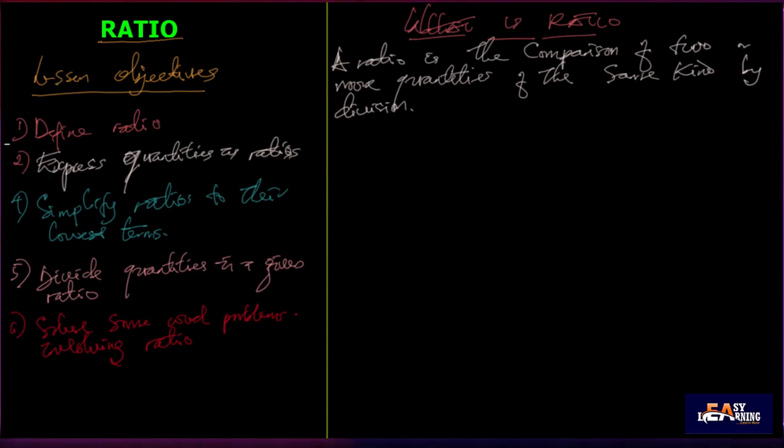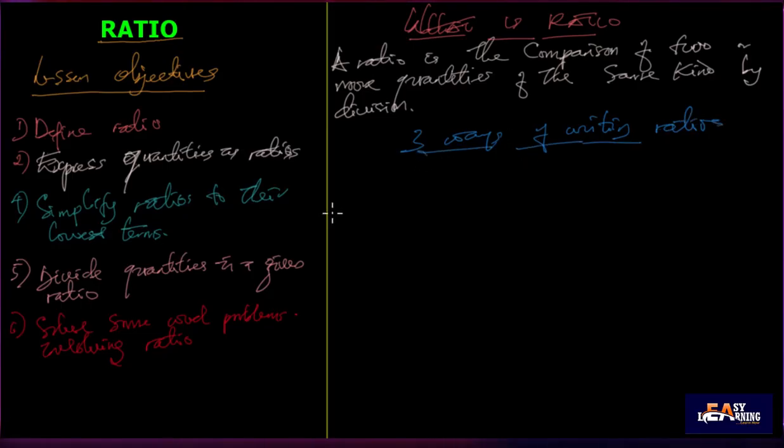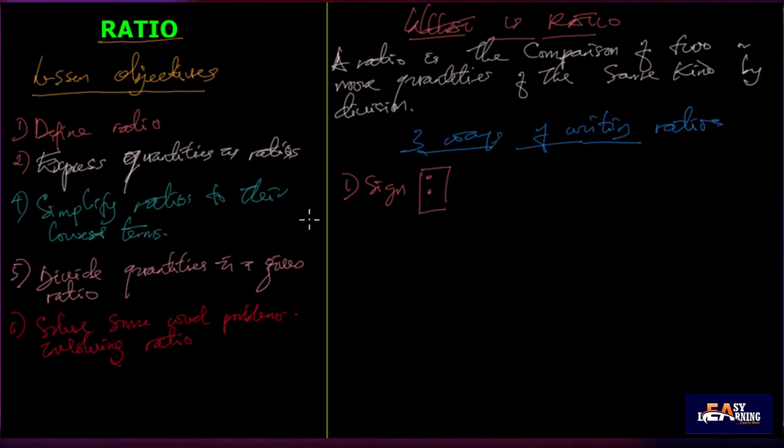Ratios can be written in three ways. First way, we can use the sign, and this is the sign, the "is to" sign.